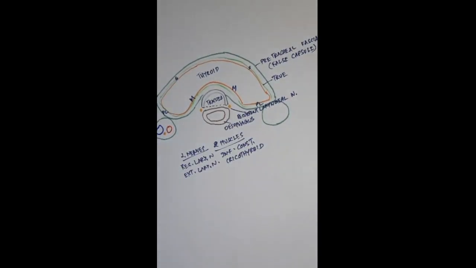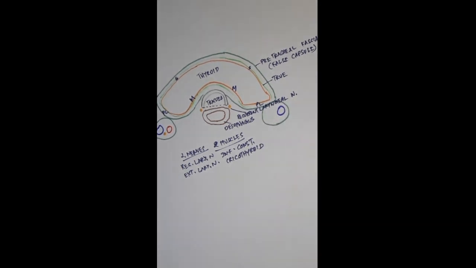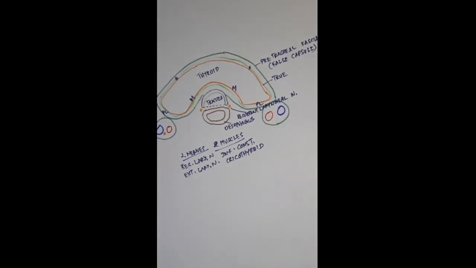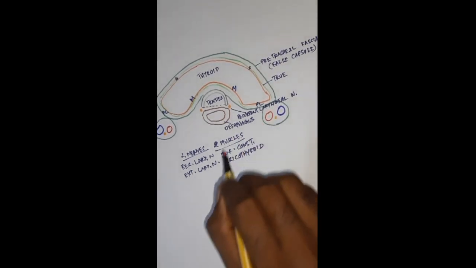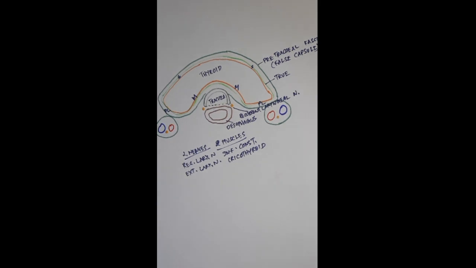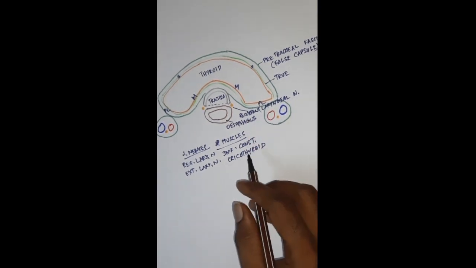This one is the vagus nerve. So you're going to see the vein laterally, the carotid artery medially, and the nerve in between. So this is a simple relation for the posterolateral surface.